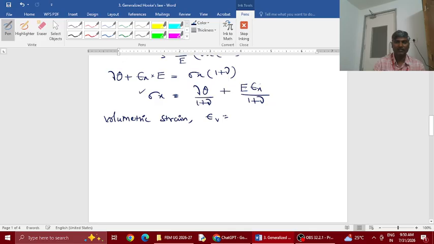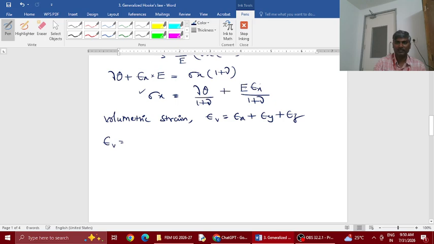Volumetric strain is calculated from the basic strength of materials, that you know: epsilon x plus y plus z. You have got expressions for these in terms of stresses. You just substitute them.